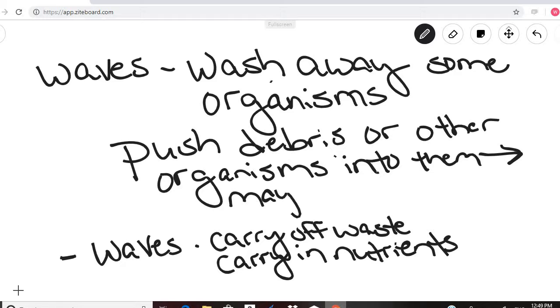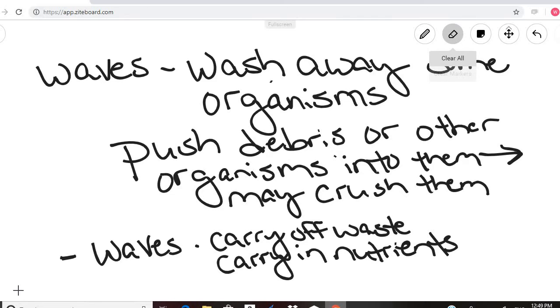So that obviously is a stressor to those organisms living within the intertidal zone during high tide. So in general, we would say that high tide presents more favorable conditions, but that doesn't mean that there aren't any unfavorable conditions.